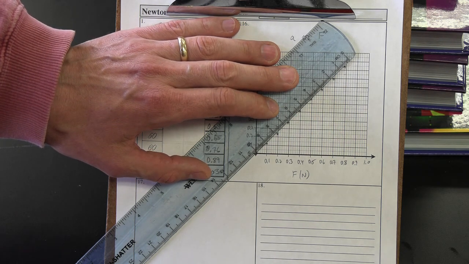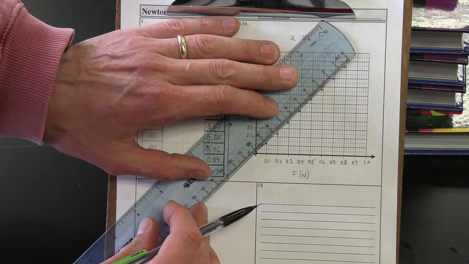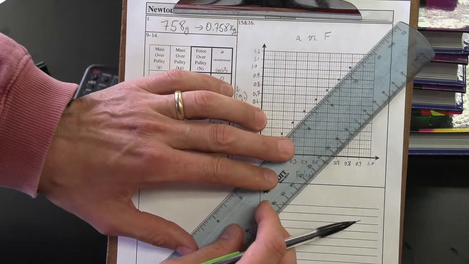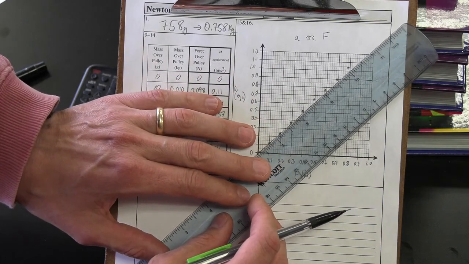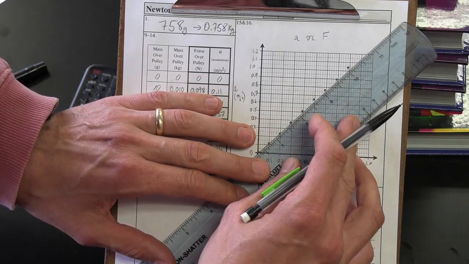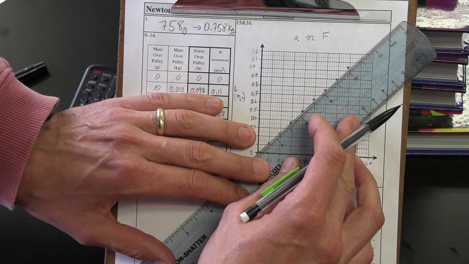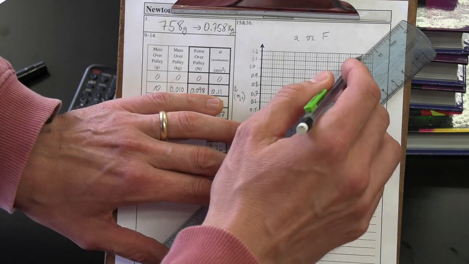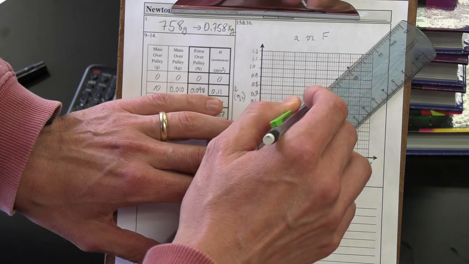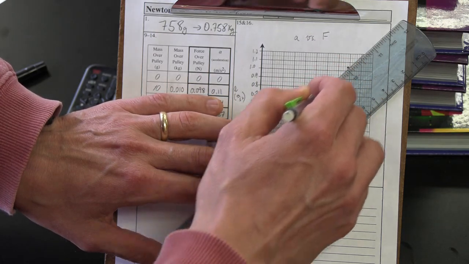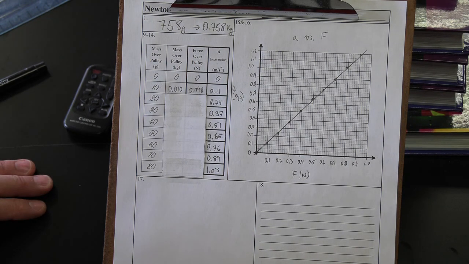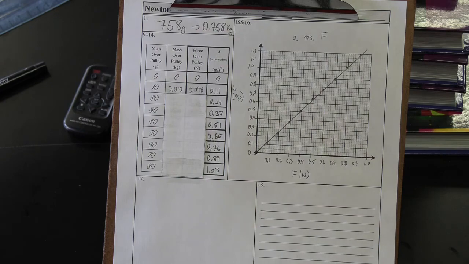Because you'll have none of those restrictions. Let me go like this because the clipboard now is in the way too. Maybe something like that looks pretty good. Okay, it actually goes through most every point anyway. So there's my best fit line.